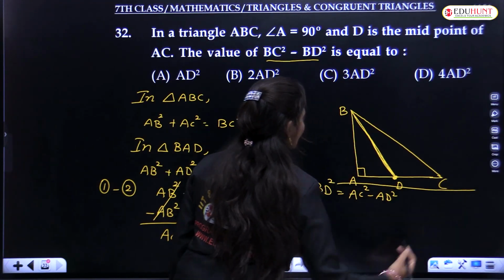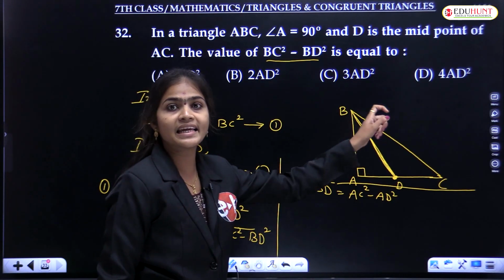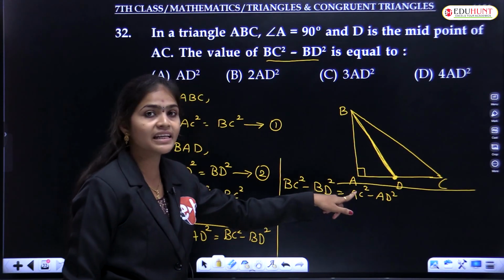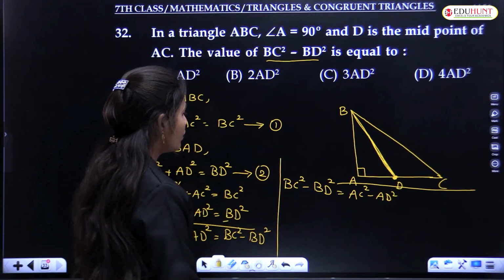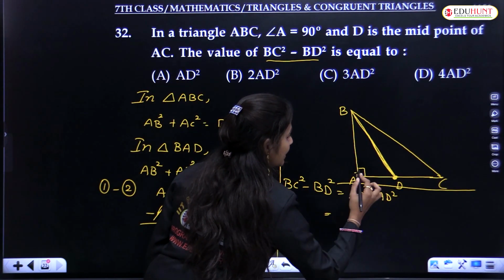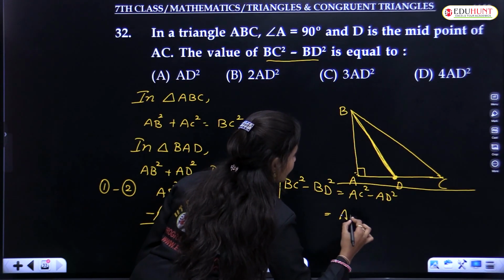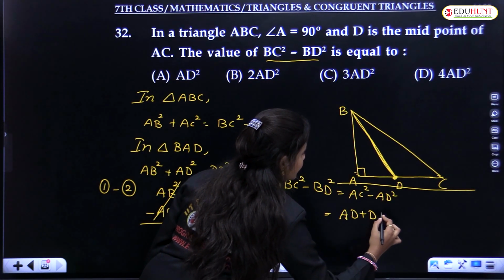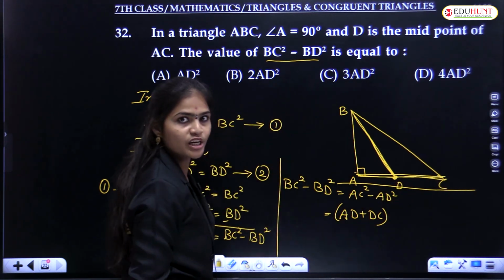So children, observe that all the options are given in terms of AD, but here we have AC also. So first convert AC into AD. We can write AC as AD plus DC, which is equal to AC. Shall we write like that?